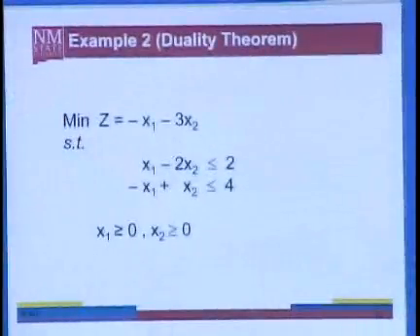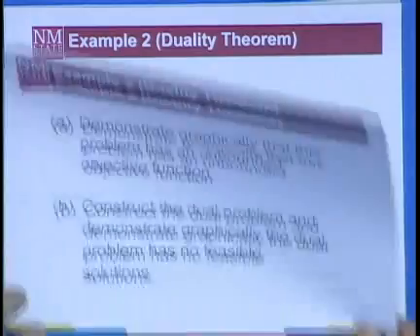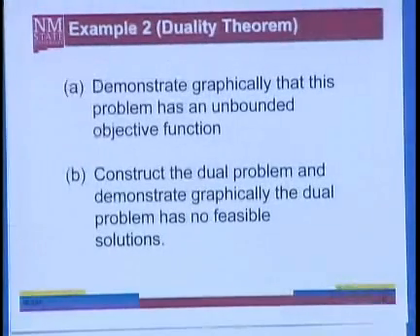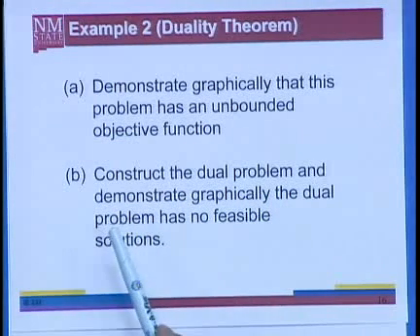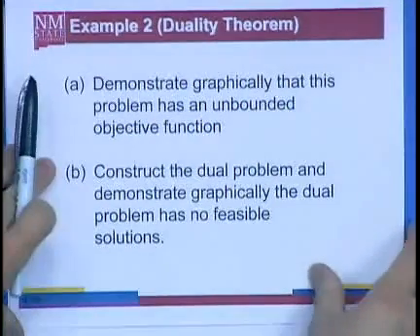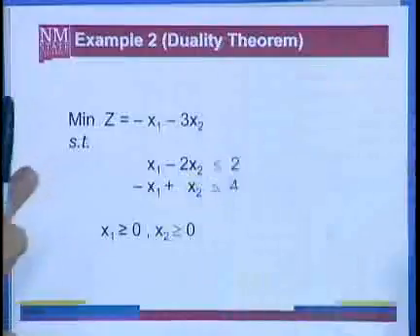So that is example number 2. First, we are going to demonstrate graphically that this problem has an unbounded objective function, and then construct the dual problem and demonstrate again graphically that the dual problem has no feasible solution. Okay?